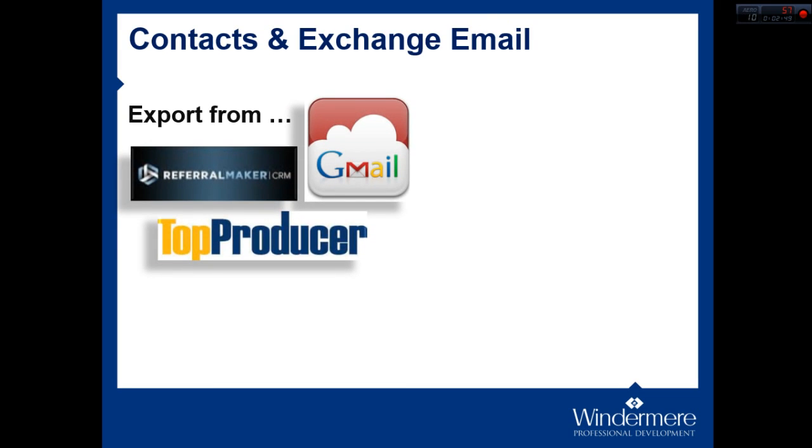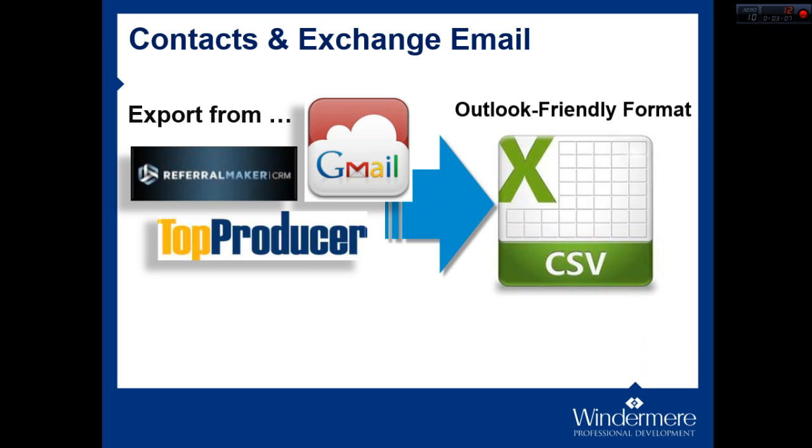Now, how do you get your database into the system? Well, you've got to export it. You've got to get it out of wherever it exists now: Gmail, Buffini Referral Maker, Top Producer. All of these systems have tools to export the contact database out. You need to export it into what's known as a CSV file, an Excel spreadsheet basically. But it's got to be Outlook friendly.